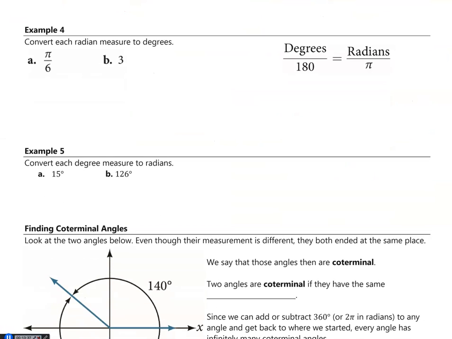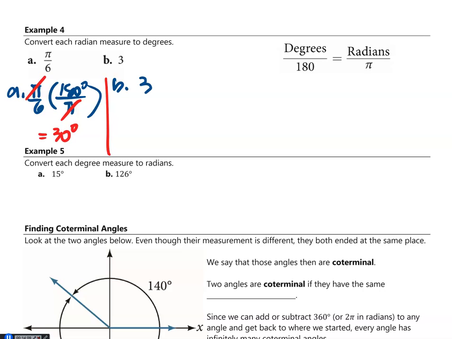Example 4, convert each radian measure to degrees. Letter A, pi over 6. We multiply this by 180 over pi. So that is pi over pi, and 180 over 6 is 30. So pi over 6 is 30 degrees. Next, letter B, 3.